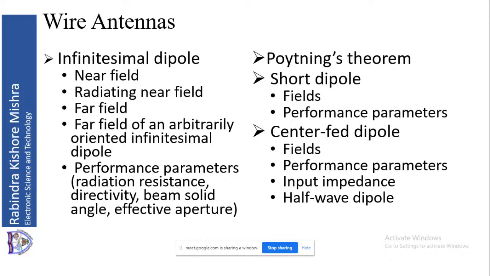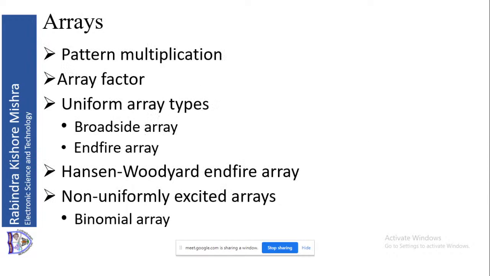Then microstrip antenna. Before microstrip antenna, arrays. Again in arrays, try to understand what is two element array. That can be a question in section B. Then pattern multiplication, it can be in section B or section C, both cases. Then what is array factor, what is element factor, those things. Then the types of arrays: uniform array types, broadside array, end fire array.